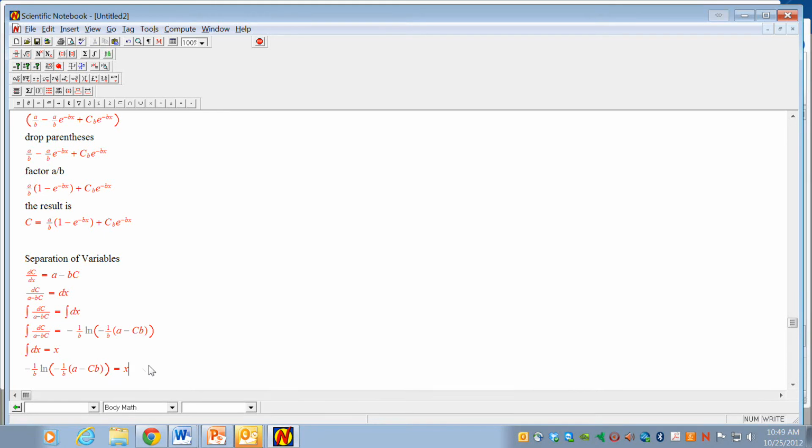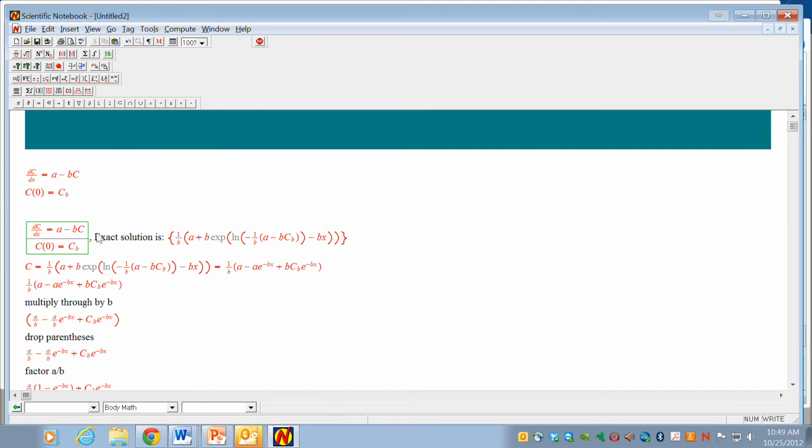But we have to also recognize that when we do this integral here, this is an indefinite integral, so it produces a constant of integration. Like so. So that's the result of the integration. Now, what we did up here was we had two equations.